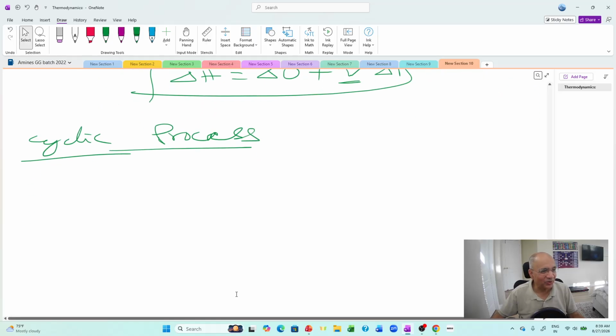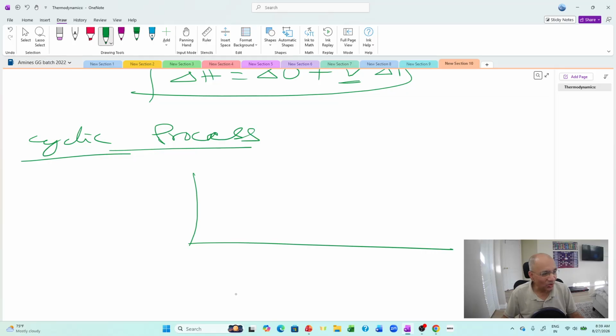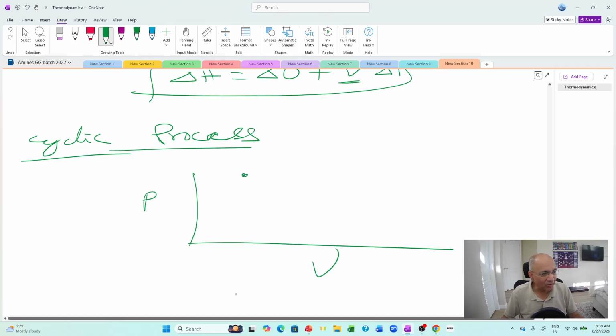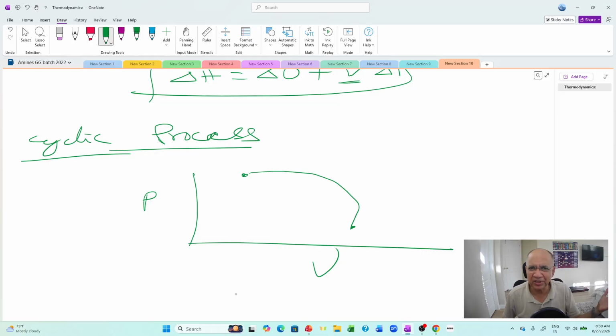In a cyclic process, in whatever manner, see the P versus V graph: you started from here and went here, maybe by two processes, maybe first isothermal expansion, then adiabatic expansion. It doesn't matter. This is the initial point, this is the final point, and again you went back here. This is a cyclic process. You started from some point and you reached that point.